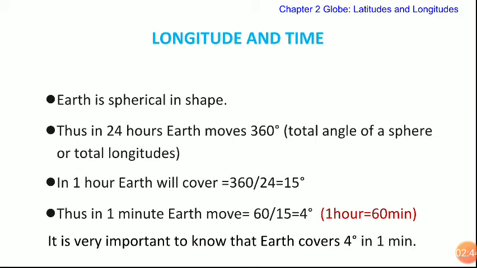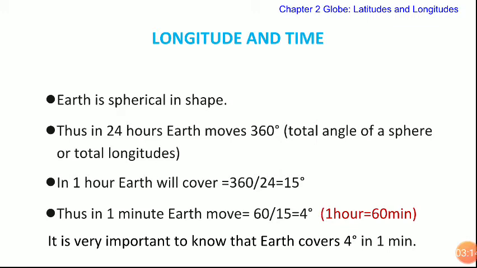Now, how is the time of a place calculated? It is very simple calculation, children. Based on this calculation, the difference in the time of different places is calculated. Now let us try and understand. You know that the shape of the earth is spherical. What are the total angles in a sphere or in a circle?